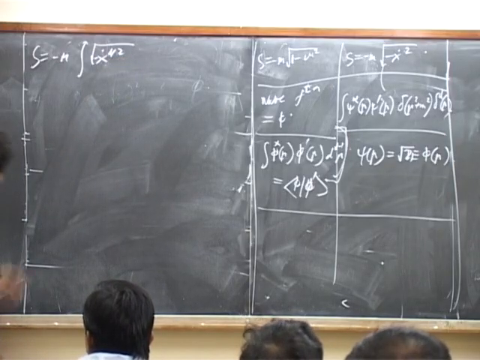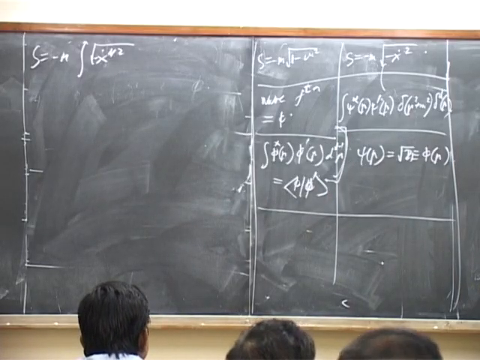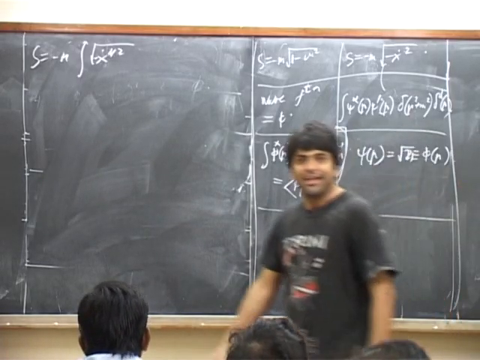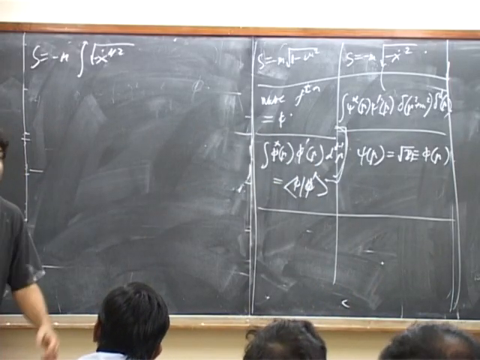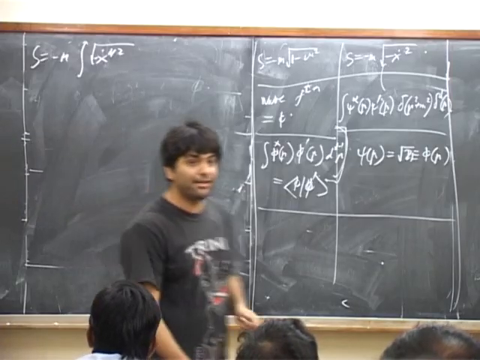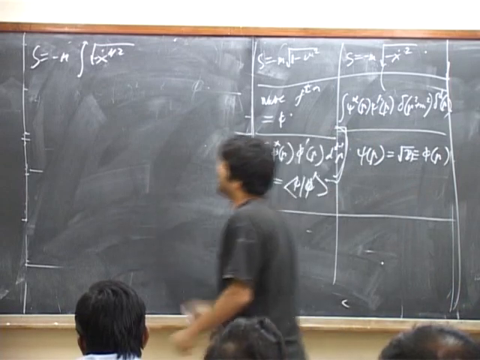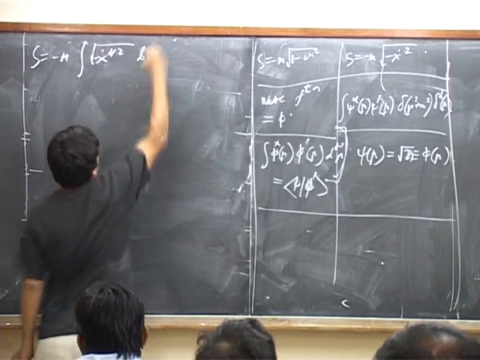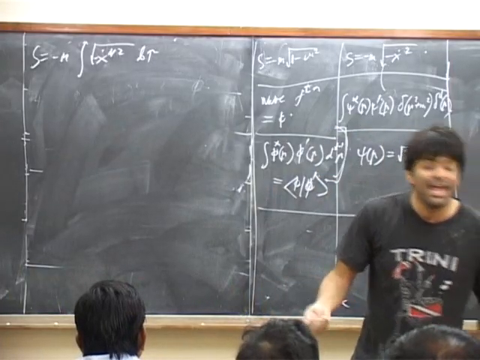While this is a perfectly legitimate action, it's a little ugly because it has this horrible square root. When you're dealing with something as simple as a free particle, you can deal with ugliness, but when you do things that are more complicated, the ugliness will come and kill you. So, question: can you take this action and rewrite it in a way that's classically equivalent that makes it look pretty?